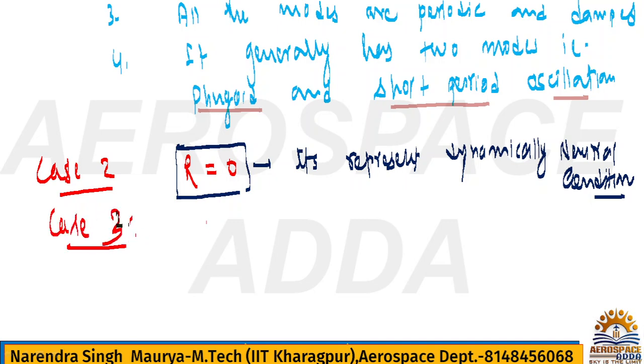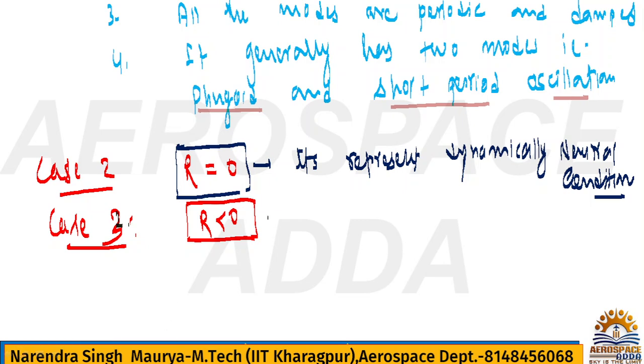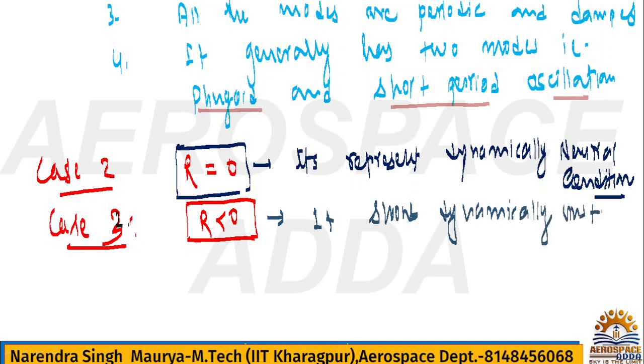What is case 3? If r is less than 0. This is important. If r is less than 0, then what will be the meaning of it? Number 1, first it shows a dynamically unstable condition.